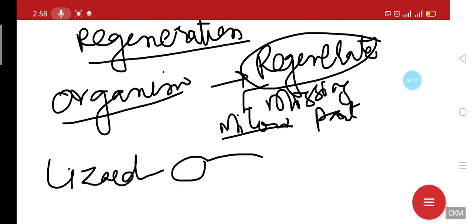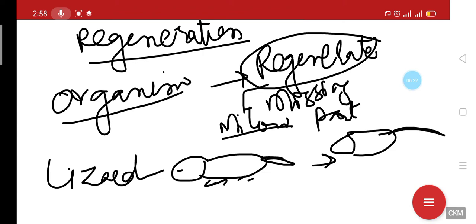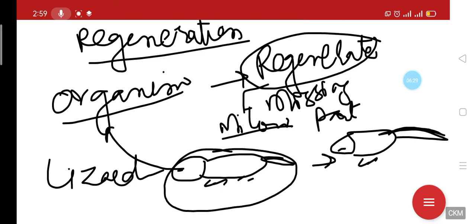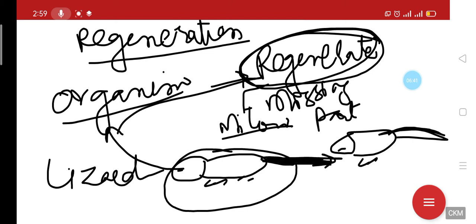Due to any kind of accident, the lizard loses its tail. But after some days, you will see that the lizard has its tail again. So how does that come about? The lizard is included among the organisms which regenerate their missing part, especially the tail. Regeneration means the synthesis of cells again, so this happens with the help of mitosis.